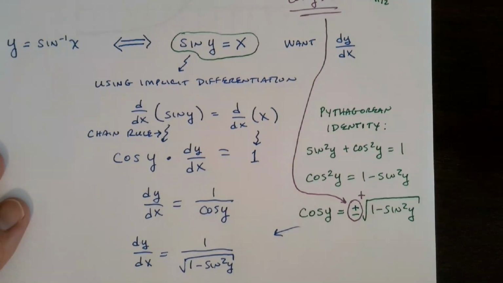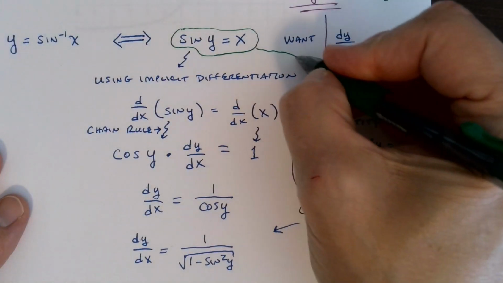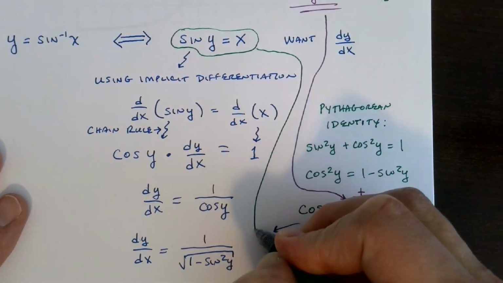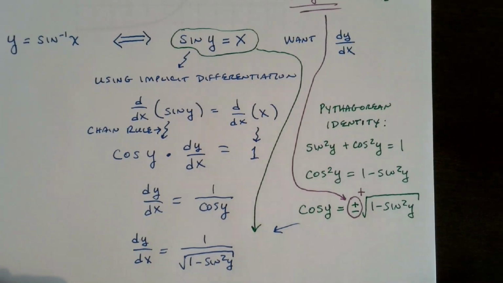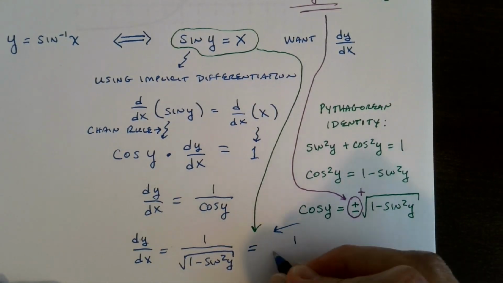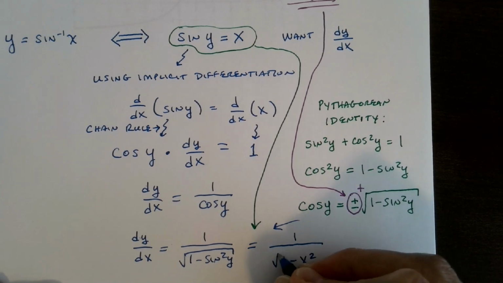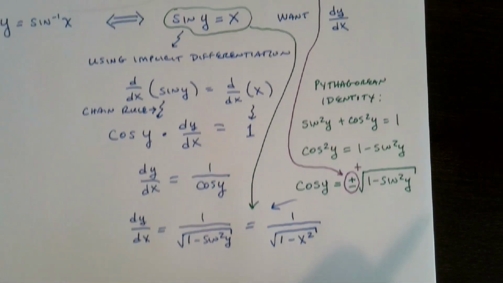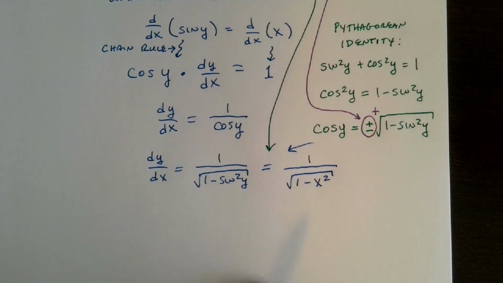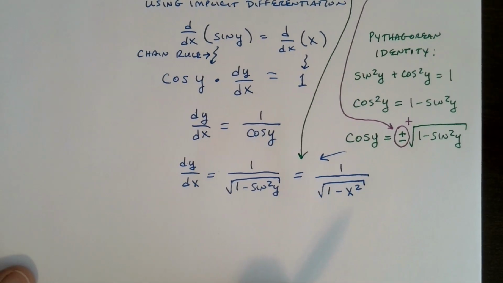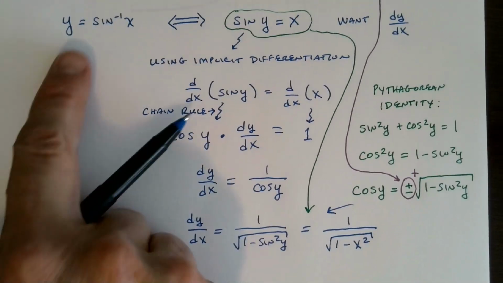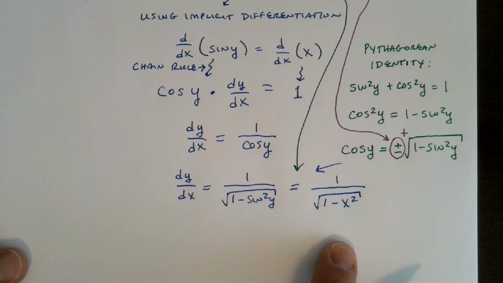But since sine of y is equal to x, we can just say this thing is equal to 1 over the square root of 1 minus x squared. And there's my answer for the derivative of the inverse sine function in terms of x only.